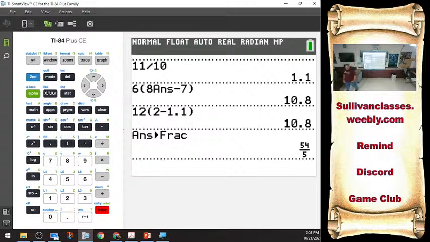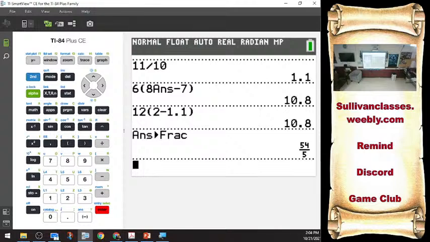Then maybe hit the math button and see for yourself. Option number 1 is change to a fraction. On your scientific calculators, like the Casios, they like to have this SD button that switches back and forth.